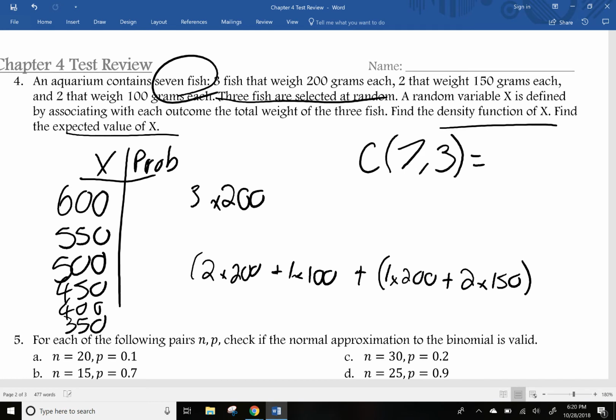So this will give you the total number of ways to choose 3 fish from the 7. And all of these added up should equal that number, because that is the total number of ways. Let's go ahead and calculate that, because I'm not 100% sure what it is right now. Combination 7 choose 3. That's 35. So there are 35 different ways in total.